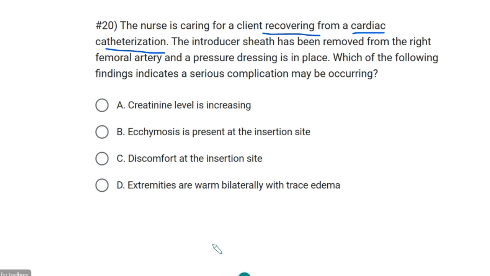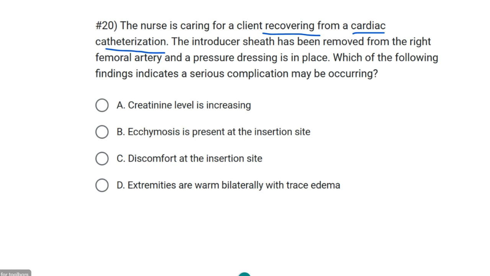The introducer sheath has been removed from the right femoral artery, and a pressure dressing is in place. So now we're pretty much at a state of monitoring the patient after this heart cath. As you're monitoring them, you're going to be assessing for findings and complications that may indicate something is going wrong.